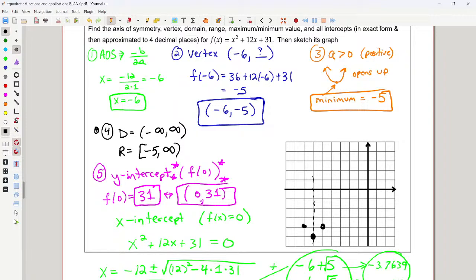That's where the vertex lies, not -5. I just did that. I'm going to choose -4. Again, substituting it in makes +16 plus 12 times -4 plus 31 outputs -1. -4 is my x, -1 is my y. And utilize symmetry.